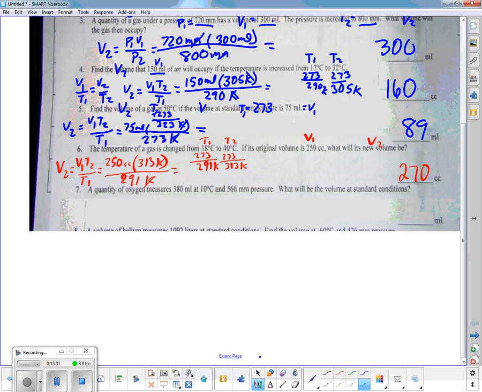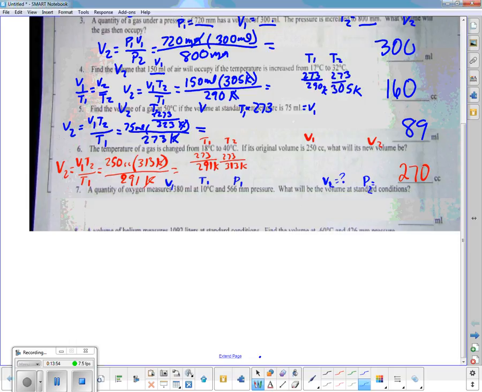All right, here we go. Oxygen measures. Here's my first volume. Here's my first temperature. Here is my first pressure. What will be the volume? So I'm looking for V2 at standard conditions. So I need the combined gas law.